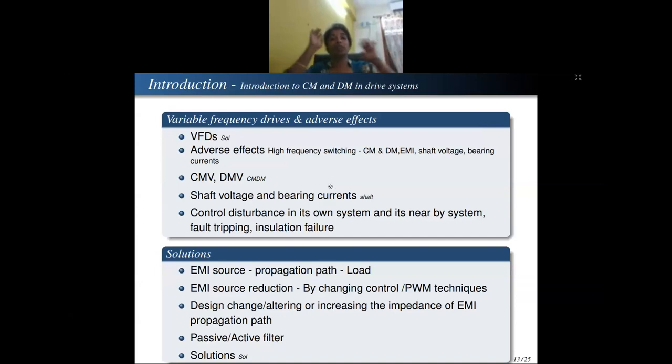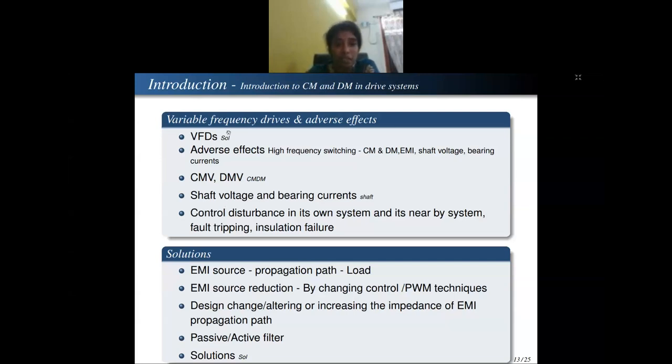So what are variable frequency drives and their adverse effects? We are going to see only conduction mode EMI from now onwards, because until now it has been affecting the electric vehicle or the normal power electronic system more than the radiative effects. So we will see more about that.